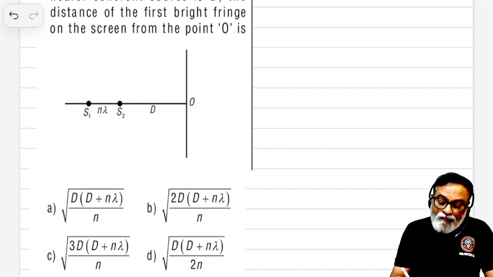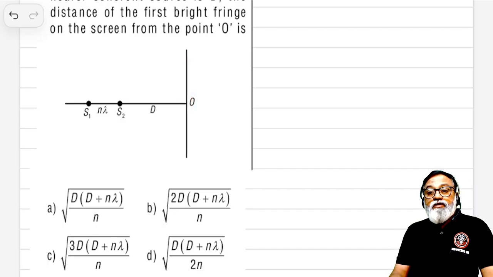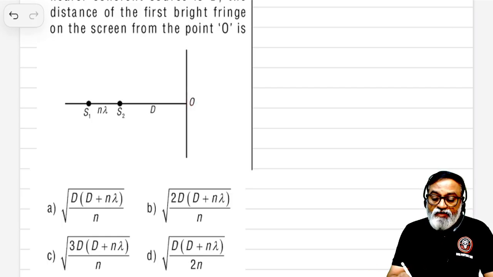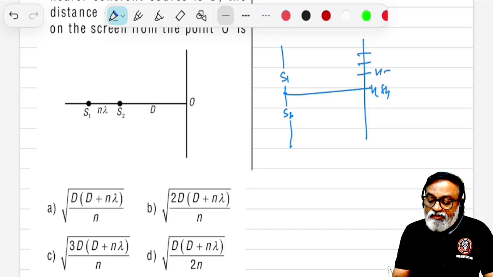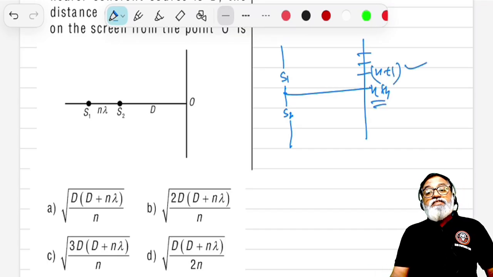When we are moving upwards from center of the screen, therefore here order of the fringes decreases. But whereas if the slits are like this, for example, here is nth order. When moving upwards, order of the fringes increases. Here is n, therefore this is n plus 1th order.